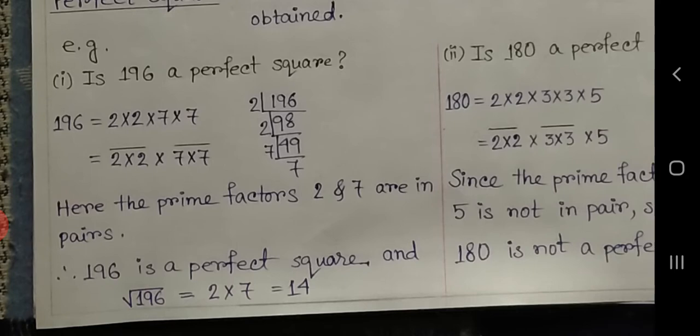So as the prime factors are in pairs, 196 is a perfect square, and the square root of 196 is 2 into 7 equal 14. So to be a perfect square, the prime factors must be in pairs.